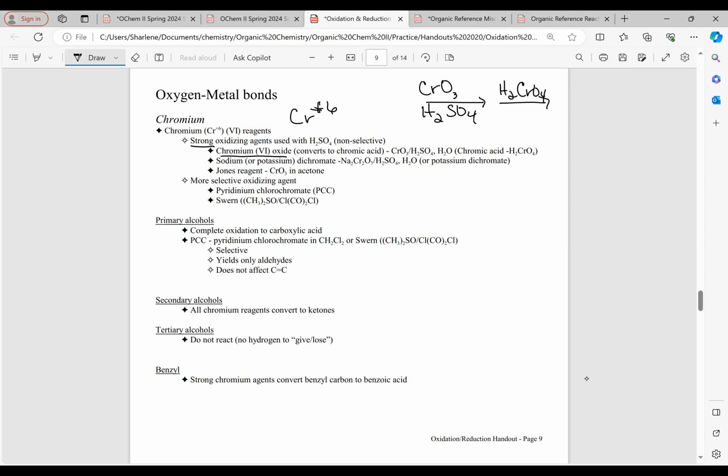Another one is sodium dichromate, or it could be potassium. So it's Na2Cr2O7, and that generally is also used in acid. That one is also very strong. And then of course there's the Jones reagent, and the only difference is this one would be in acetone.